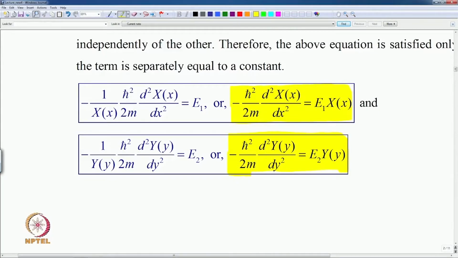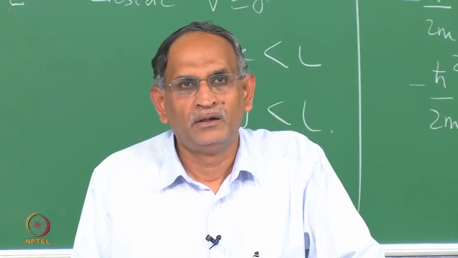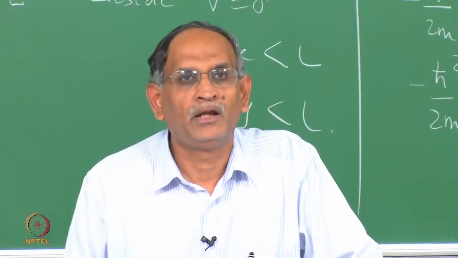Obviously, each one of them is like a one-dimensional particle in a box. Therefore, the solutions for each one of them will have a running quantum number for that particular equation.